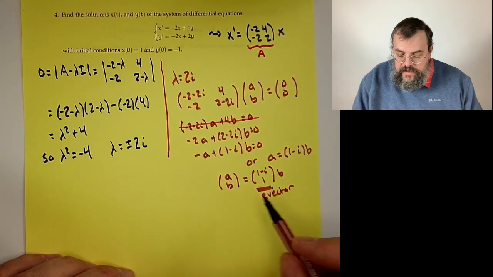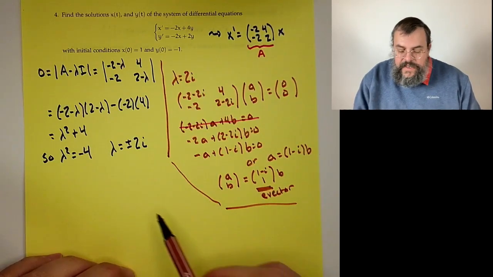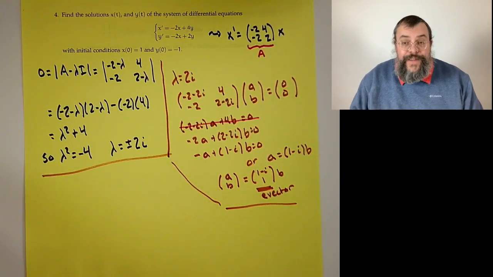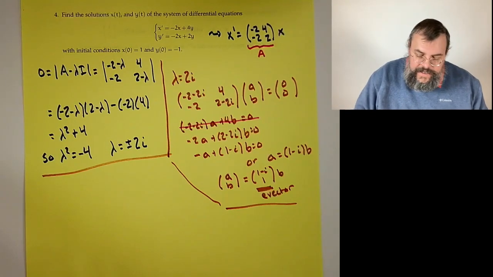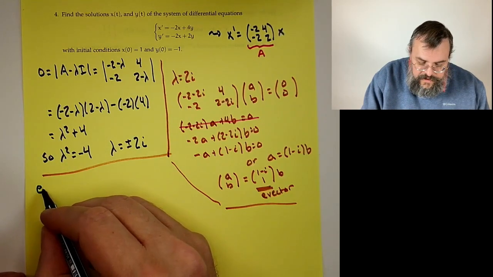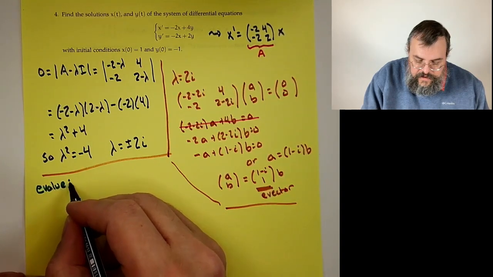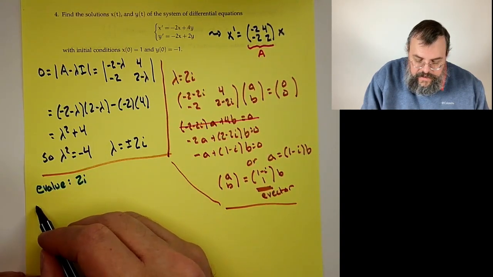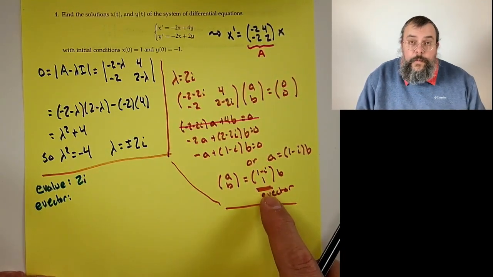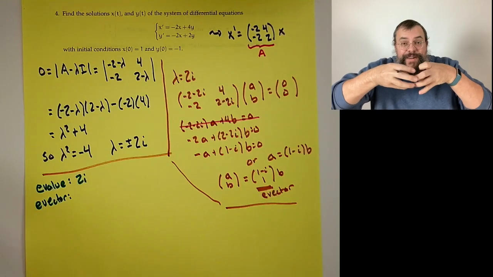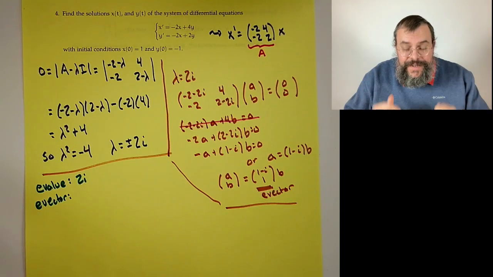All right, good. Now, let's put things together. So we have our eigenvalue is 2i, and our eigenvector, well, remember when we're dealing with complex, it's good to pull it apart.